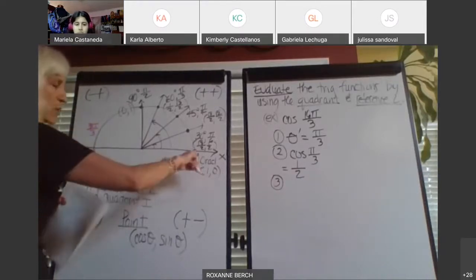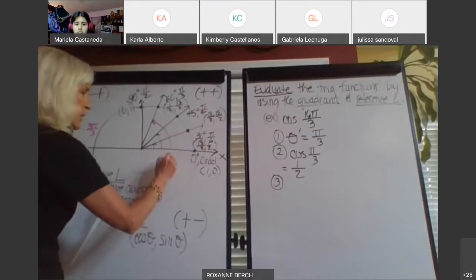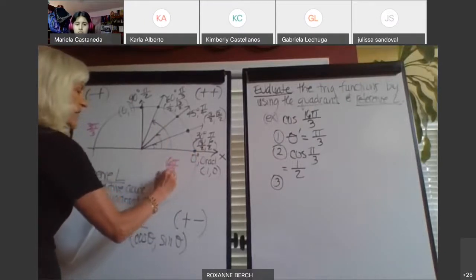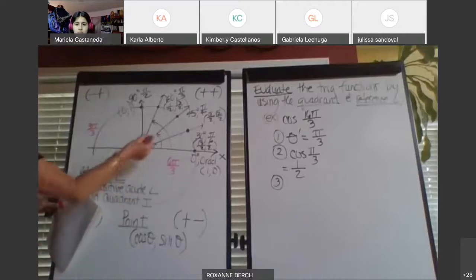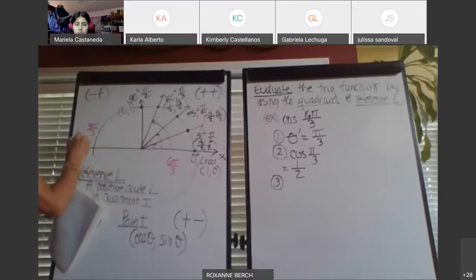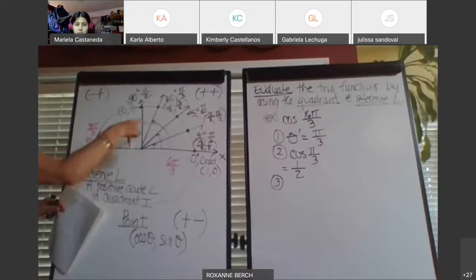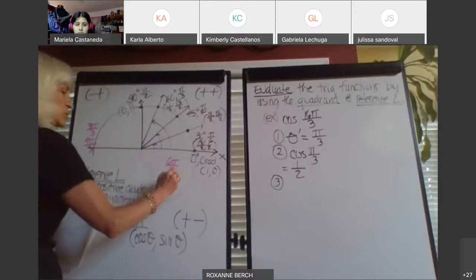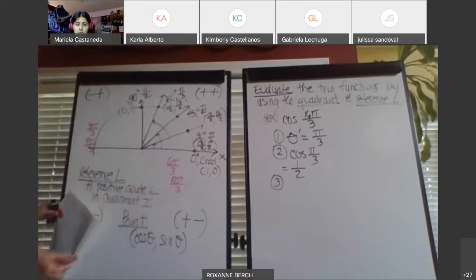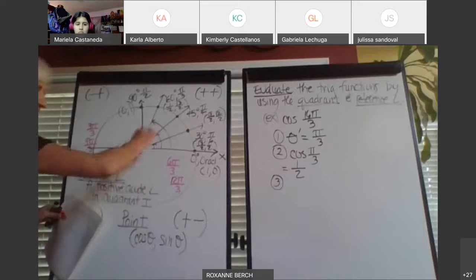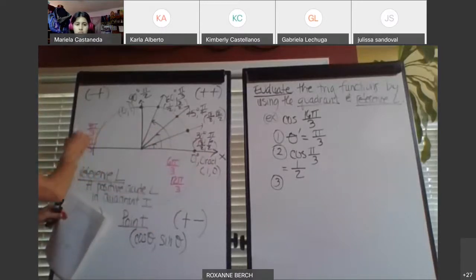When I wrap back around, one full revolution would be 6 pi over 3, or 2 pi. And then you have 9 pi over 3, which is 3 pi. 10, 11, 12 pi over 3 would be 4 pi. So see, like I said before, how the evens are over here and the odds are over here.